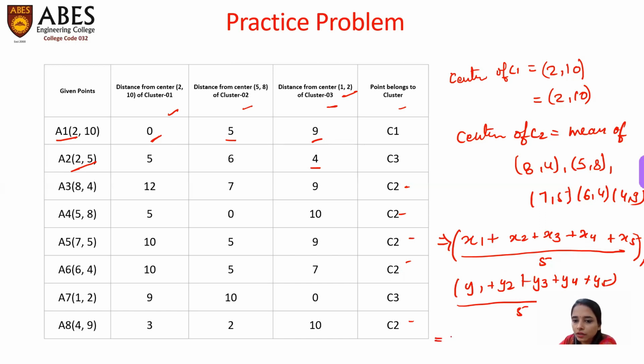So the values are 8 plus 5 plus 7 plus 6 plus 4 divided by 5, comma.